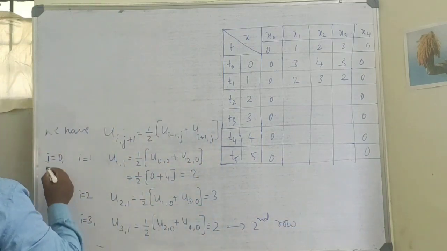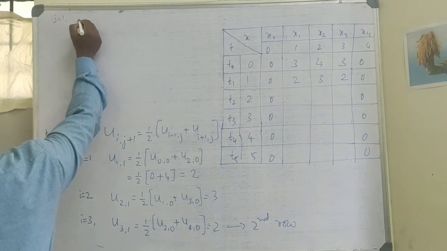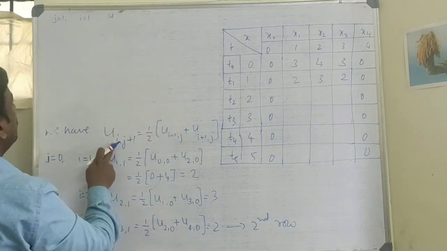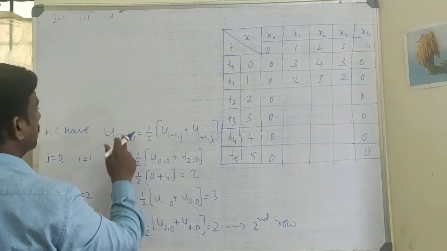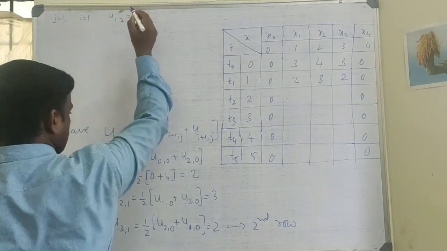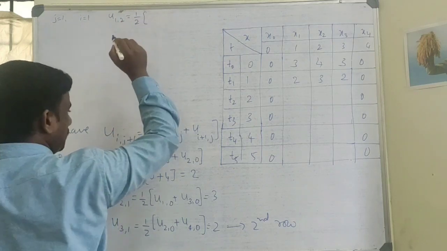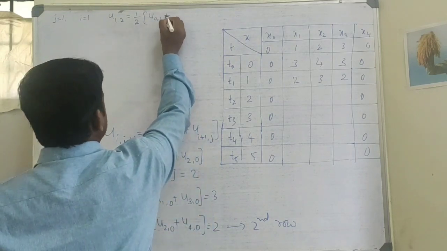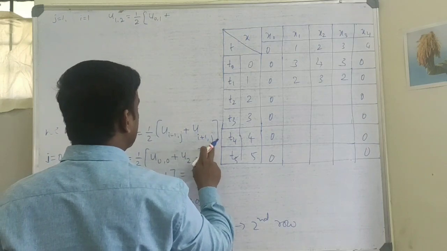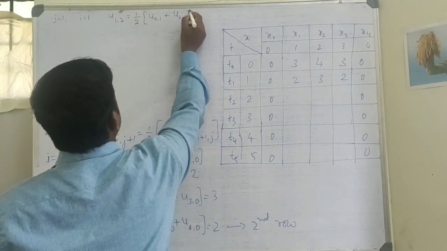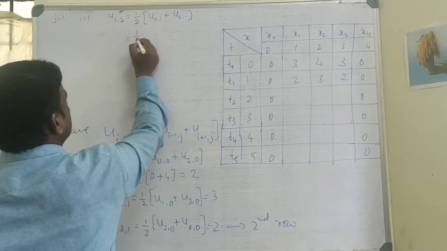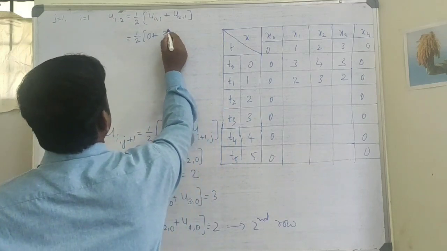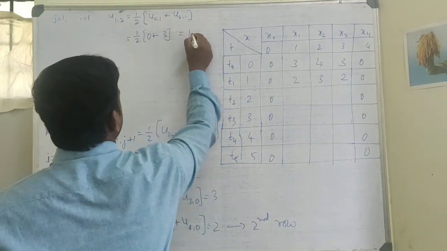For the third row, put j equal to 1. i starts from 1 again. Then u(1,2) = 1/2 [u(0,1) + u(2,1)]. That is 0 plus 3 by 2, that is 1.5.